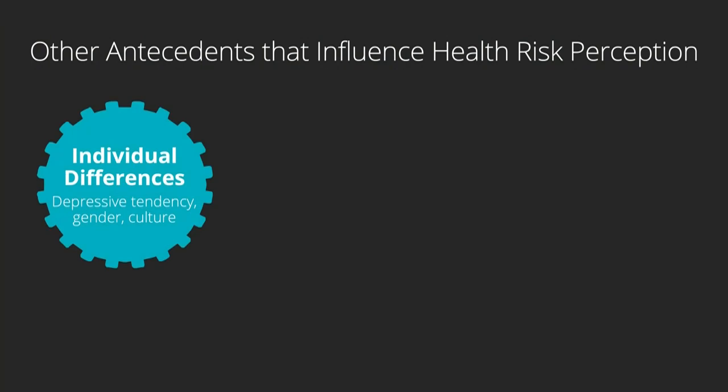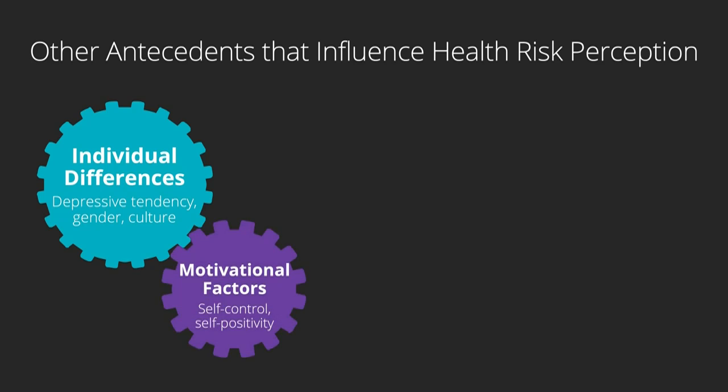Here, I would like to highlight the antecedents conceptual model of health risk perception, highlighting that health risk perception is influenced by individual differences, such as depressive tendency, gender, or culture. Also by motivational antecedents, such as self-control or self-positivity.